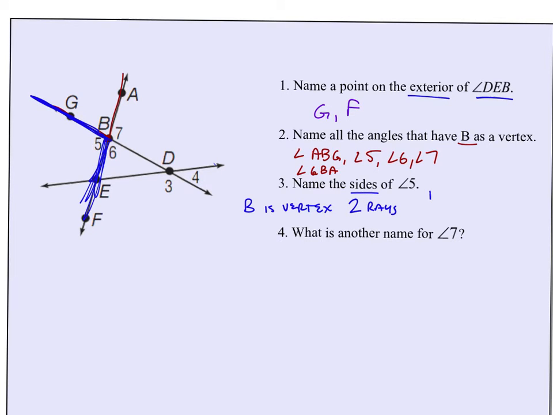All right, so I'm going to say ray BG would look like that, and ray BE would look like that. So that's going to be my solution. Now, I will warn you that people will say, well, it's just GB and EB. That is incorrect. Okay, the sides of an angle are rays. So I need rays for my answer.